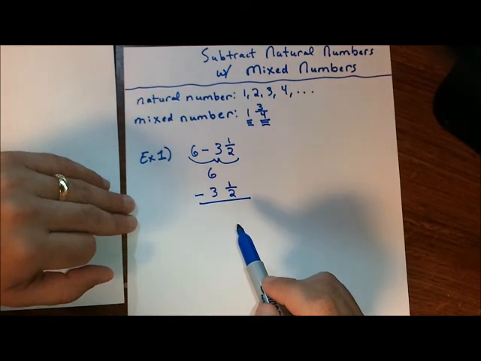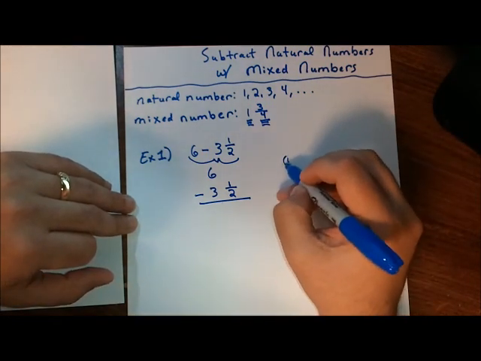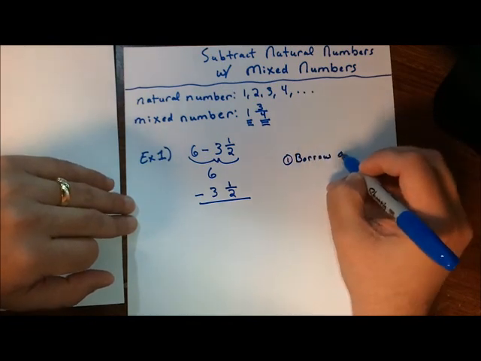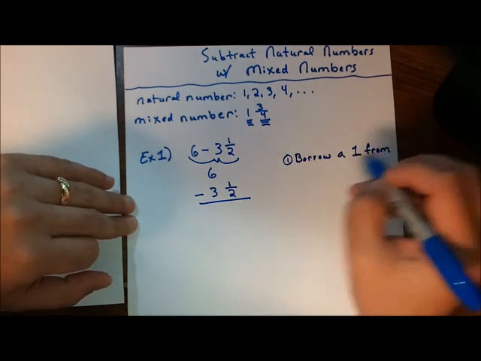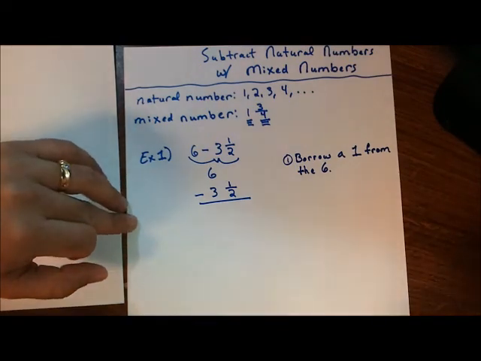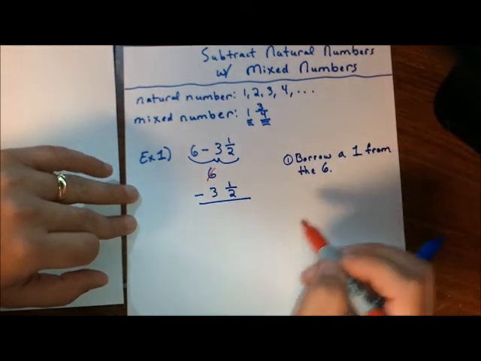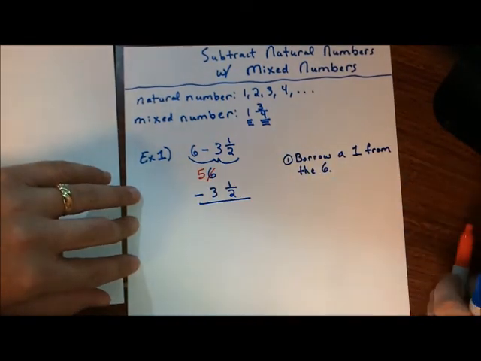So the first thing that we're going to do is borrow a 1 from the 6. All we're going to do now is cross out the 6, and if we take away 1 from it, we're left with 5.